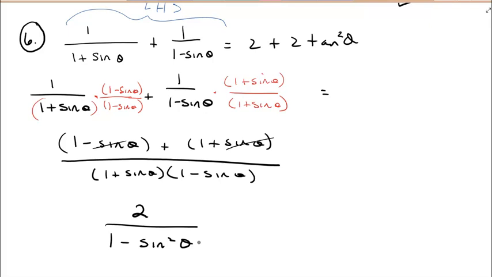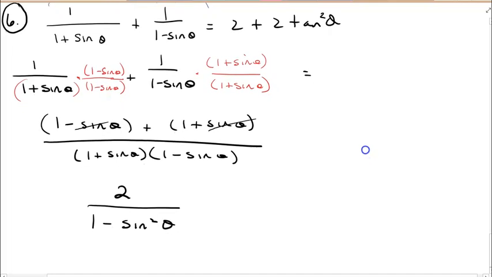And you're like, how is that even going to start to look like my other side? Well, maybe, because again, I brought these two together as one fraction. Before I even do anything else, I know there's more I can attempt over here. You know, we get 2 over cosine squared, but before we go there, let's start taking a look at the other side.